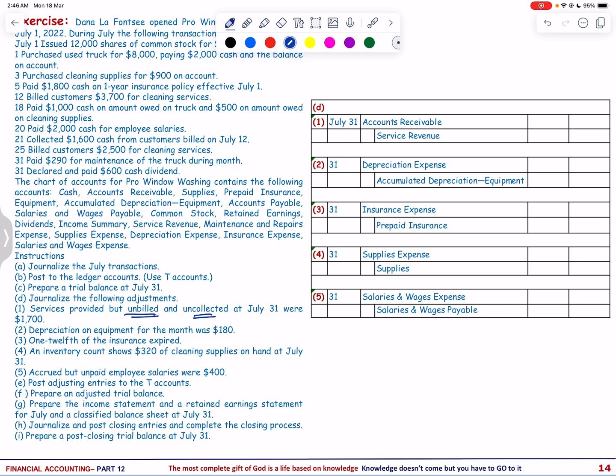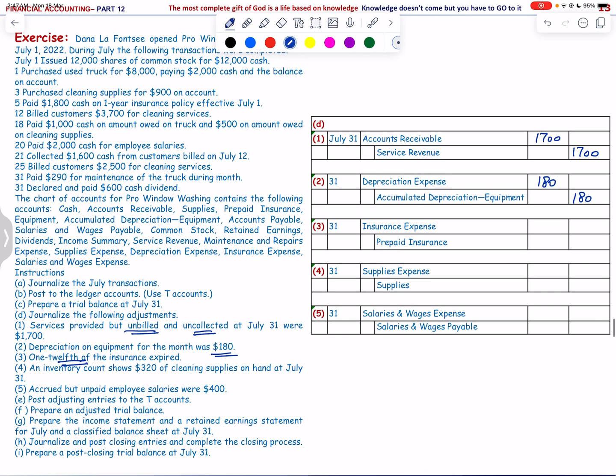Depreciation on equipment is 180. So depreciation expense is debit and accumulated depreciation is credit. 1/12 of the insurance expired, and you can see that we have paid 1800. So 1/12 of 1800 is 150.